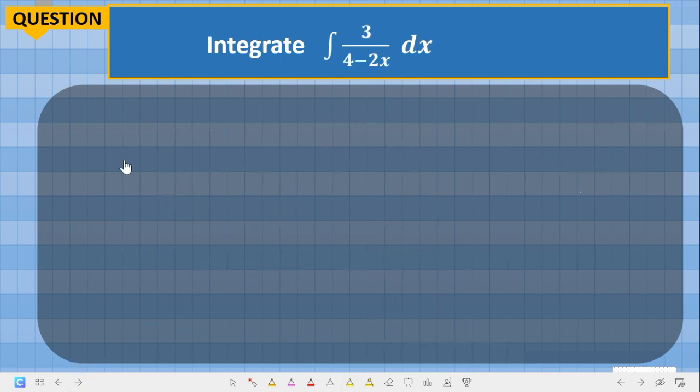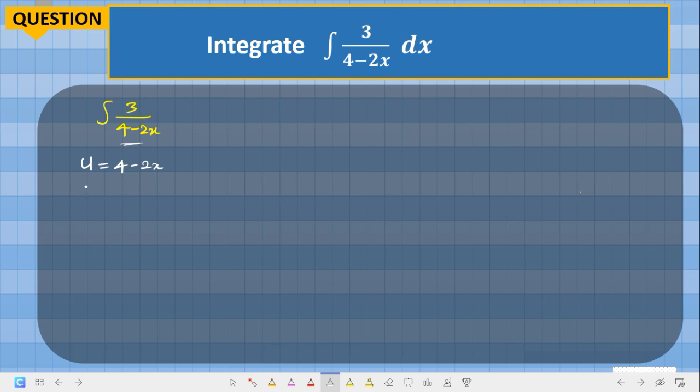The next question says integrate. Now we are going to follow the same approach. Integrate 3 all over 4 minus 2x. Now first of all, we make a u substitution. So your u would be equal to 4 minus 2x. Let u be equal to what is under here, to simplify it.